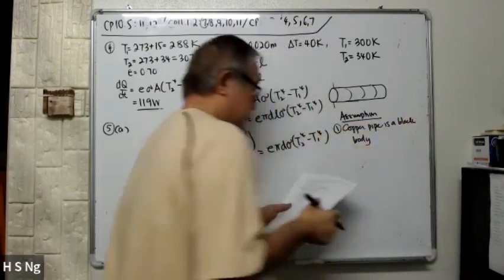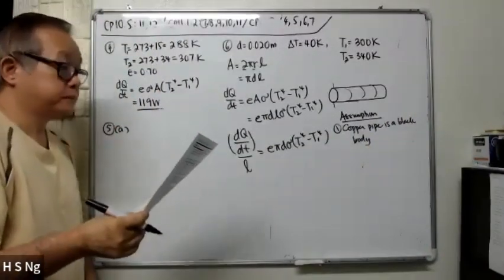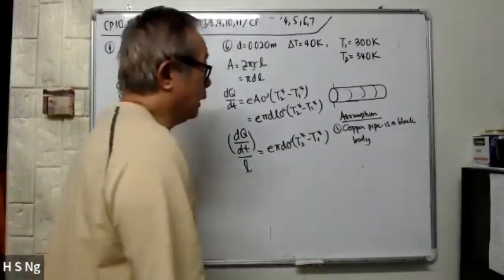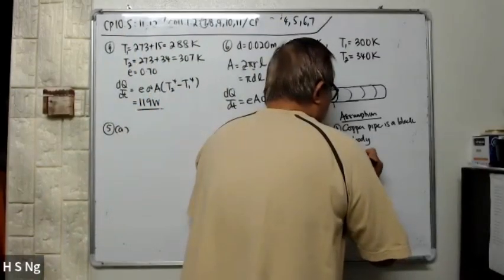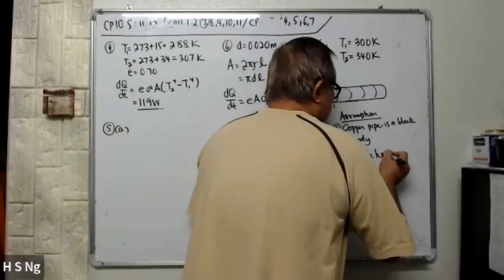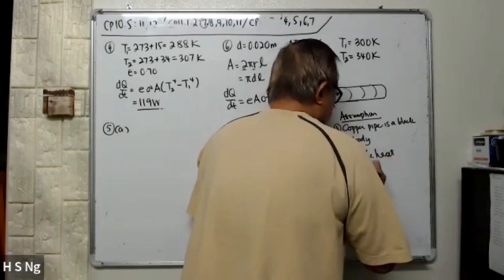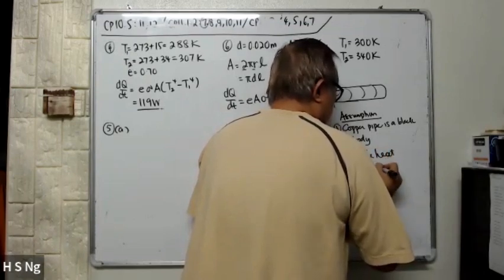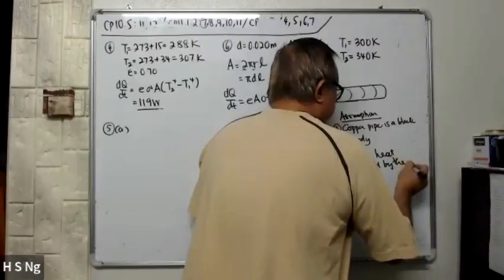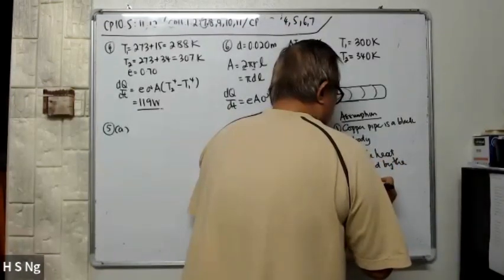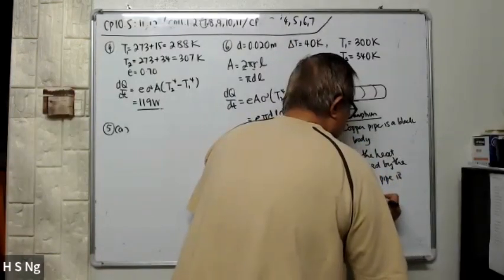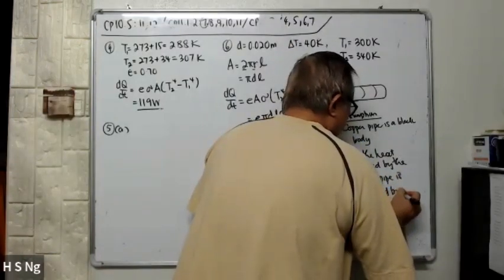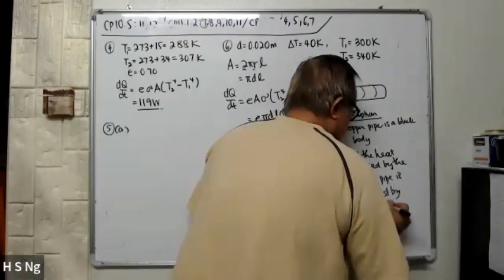Number two, all the heat released by the copper pipe is absorbed by the surrounding only.